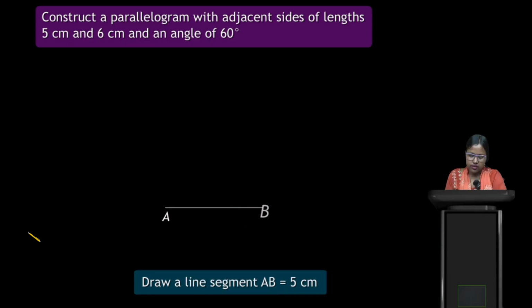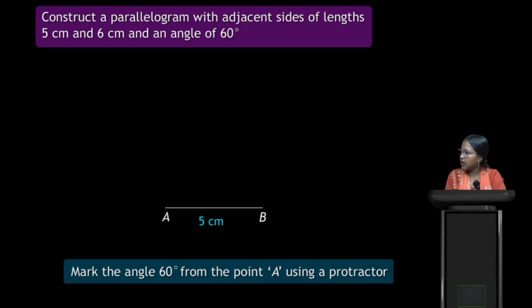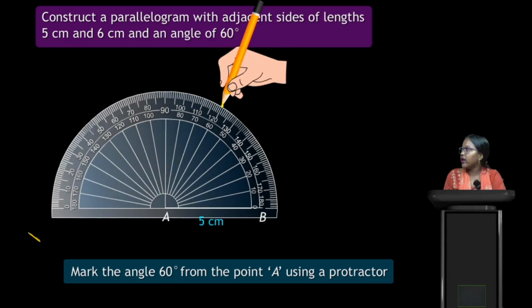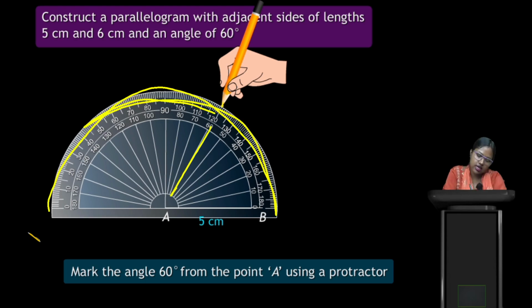After that you give it the name AB and write down 5 centimeter. Make an angle of 60 degree from point A using a protractor. Put the protractor on point A and check where is 60 degree. You see, here is the 60 degree point.